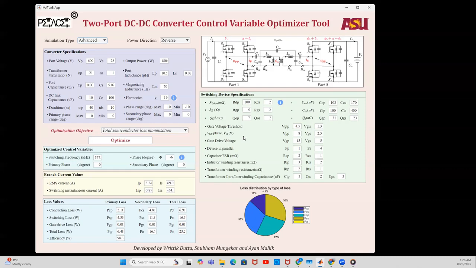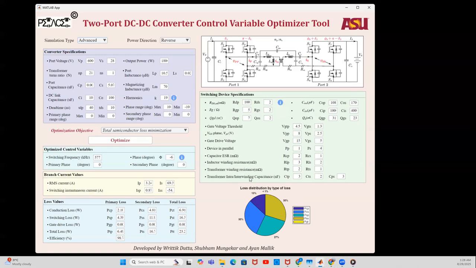One thing to note here is that this particular tool does not give the required waveforms. The control variables which are obtained from this tool can be input to the waveform generator tool, also called the wave simulation tool, which is also developed by us.